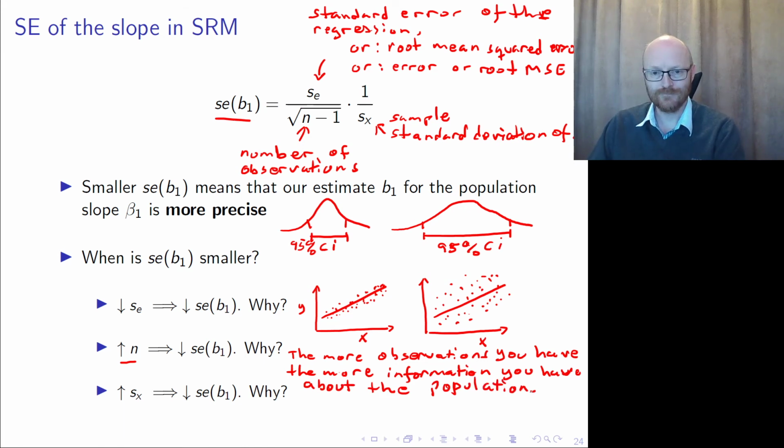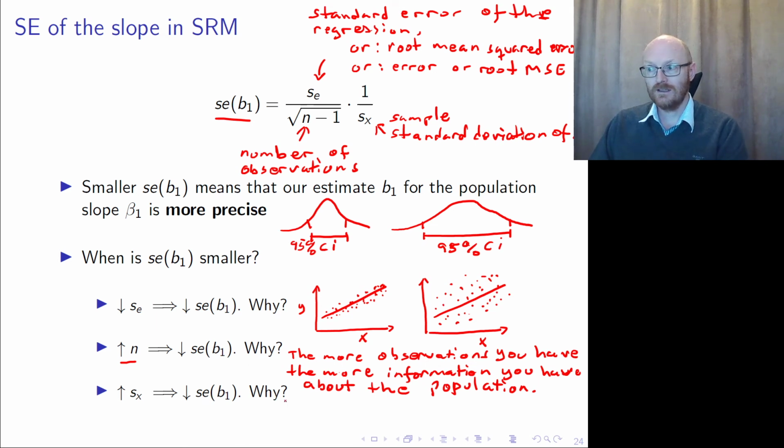Okay, and lastly, if the standard deviation of x increase, then the standard error of the slope goes down.